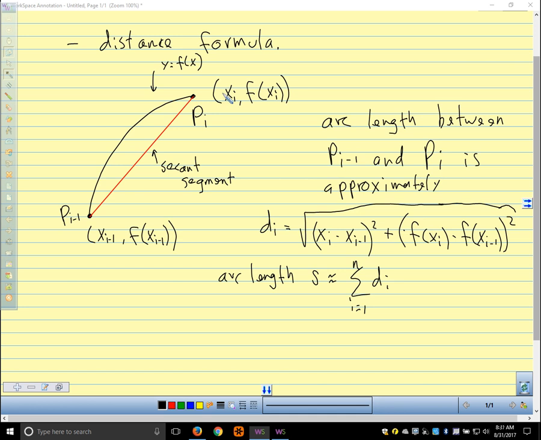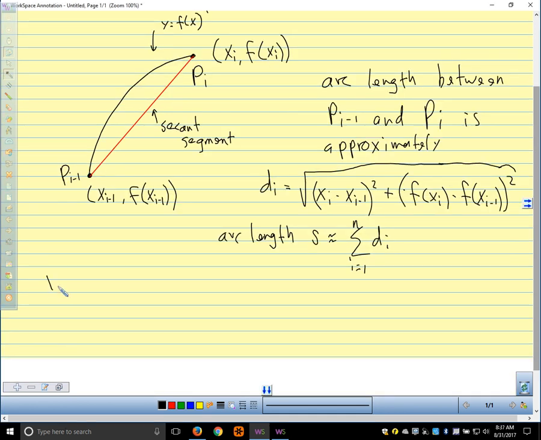The slope of the secant line is equal to the slope of the tangent line. The mean value theorem guarantees us that on that interval, if we have a nice function, there's some point.